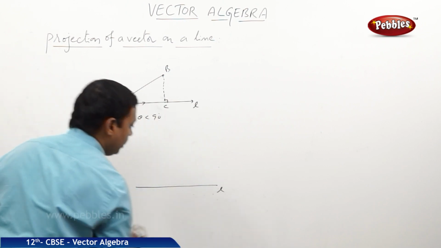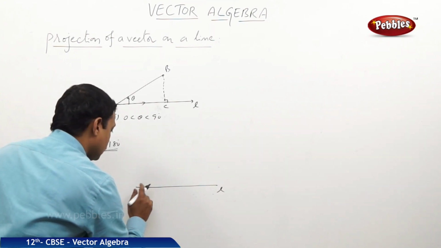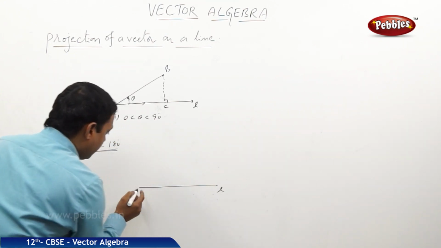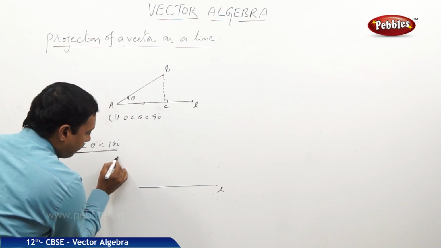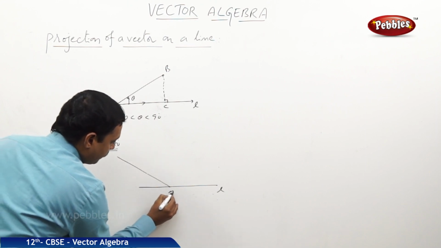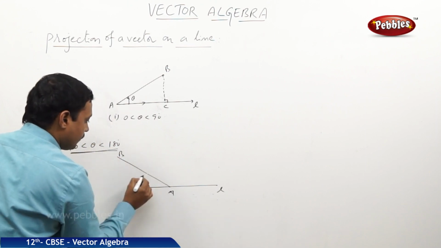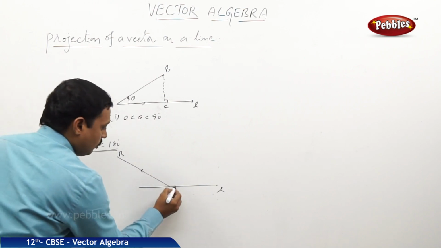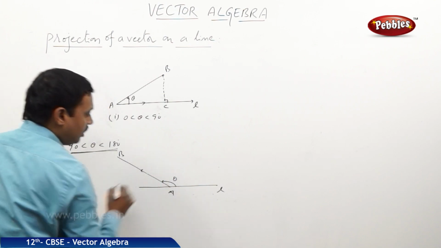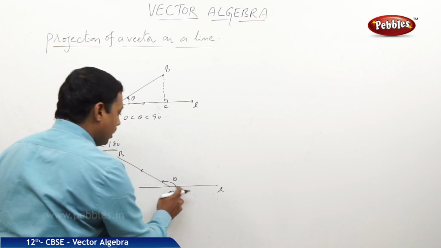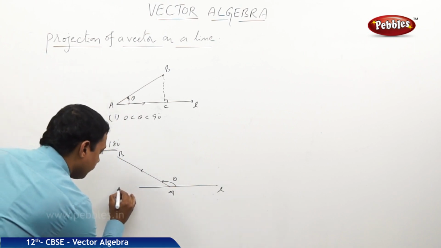Now this is L, let it be the AB vector, which makes an angle theta which is in the interval 90 to 180.